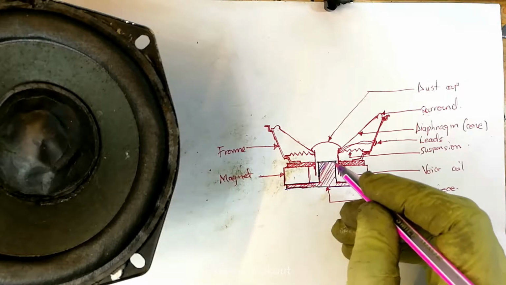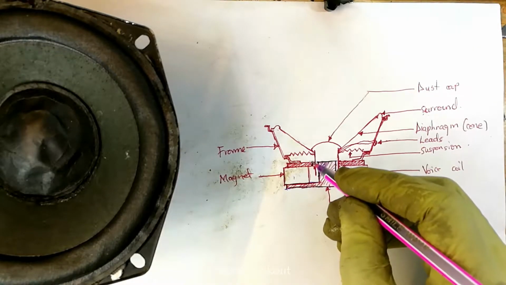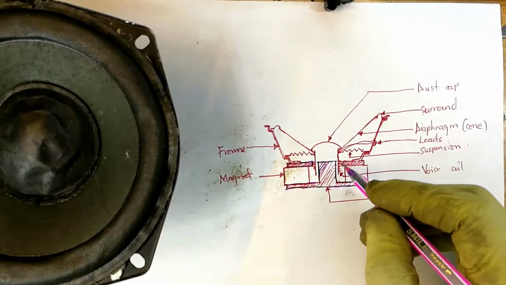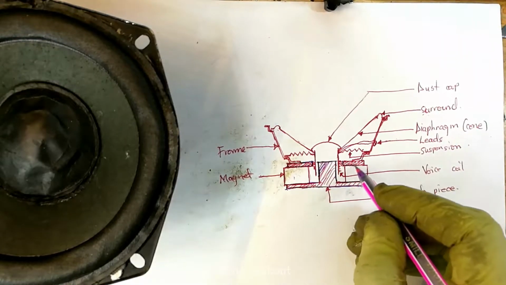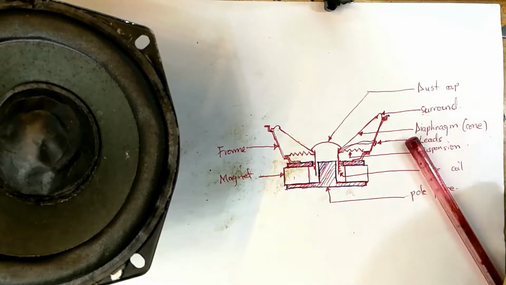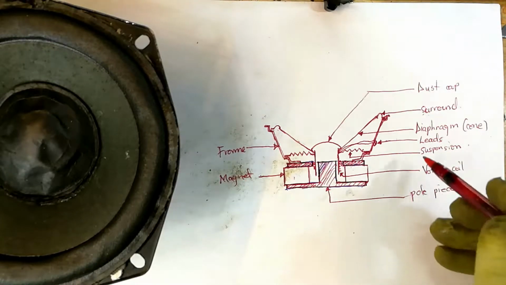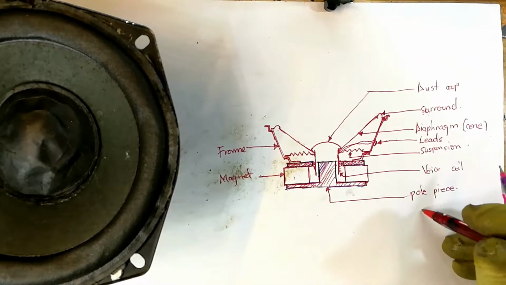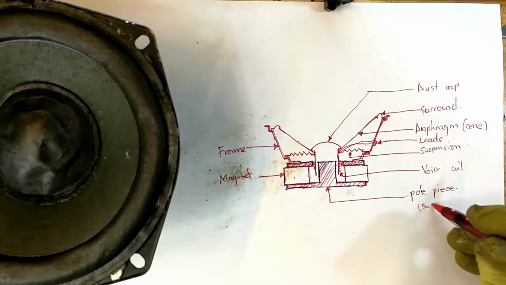So we have that like that, and then we have this there and this right there. I think I forgot to label this, but this is basically a pole piece made out of iron, so I would say soft iron core.